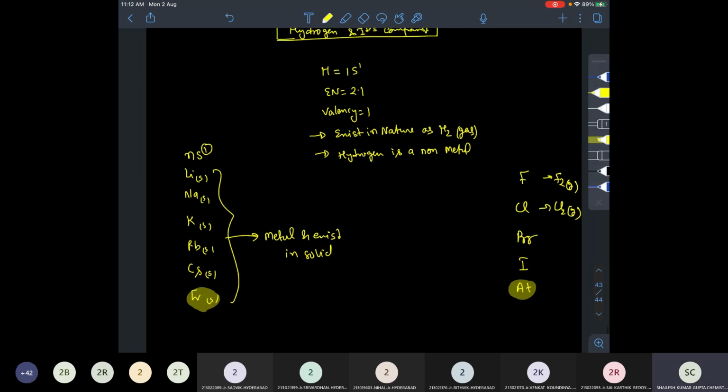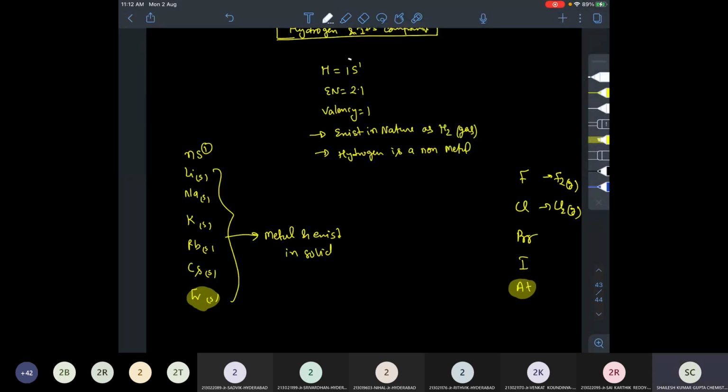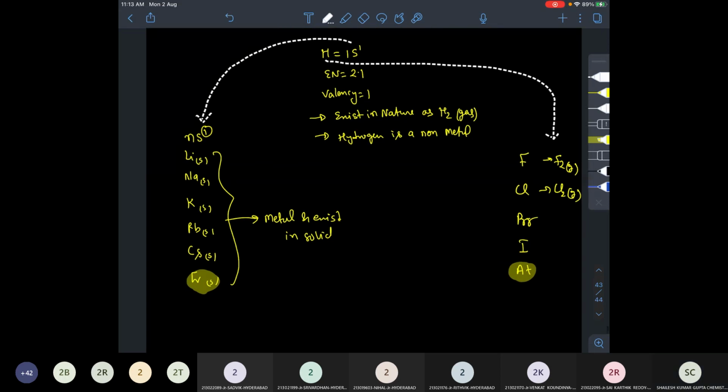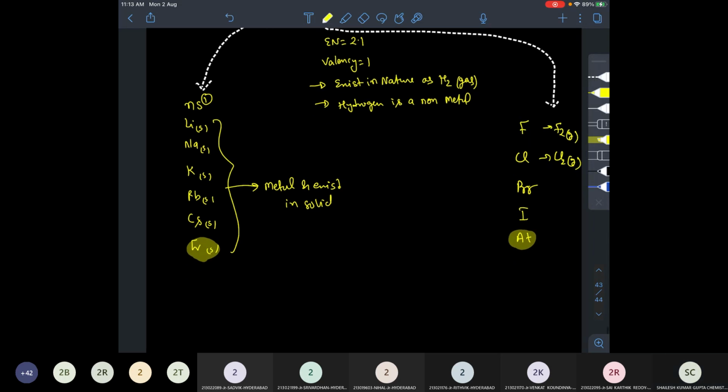So you can see that the similarity of hydrogen with the alkali metals is related to its configuration. That with fluorine, chlorine, bromine and iodine is related to its diatomic existence and non-metallic, molecular nature. So yes, it has similarity with the alkali metals as well as with the halogens.